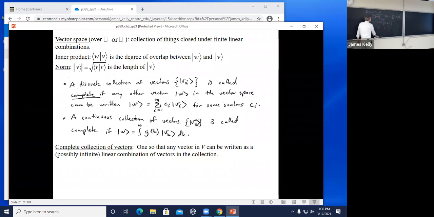And in that case, it's still not all the vectors in this vector space. There are other ones that are not of this form. These just happen to be the ones that are e to the i k x kind of function. There are lots of other functions.